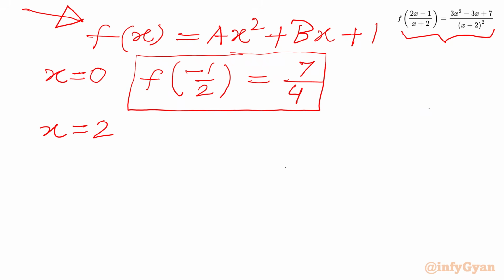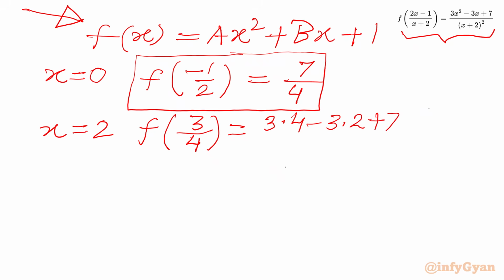In our equation, we will get f of 2 times 2 is 4, 4 minus 1 is 3 over 2 plus 2 is 4, equal to 3 times 2 square is 4 minus 3 times 2 plus 7 over 2 plus 2, 4 square.